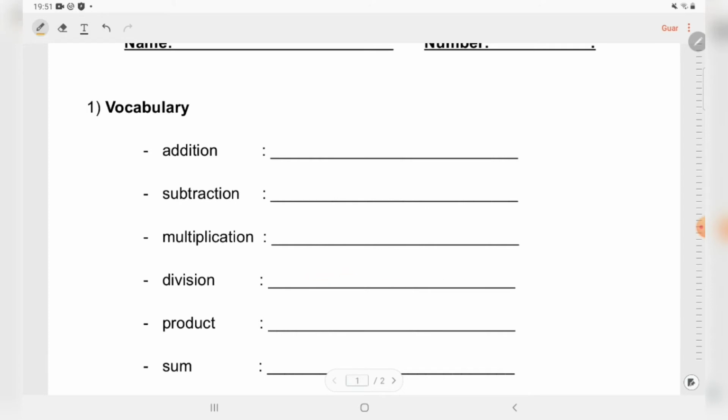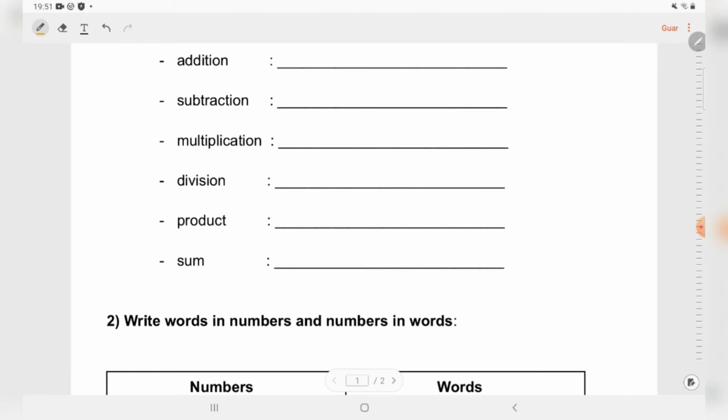And now we have another 2 words. This word is, can you read with me, please? Product. Perfect. The product has many meanings in English, but for this time I want you to focus on math vocabulary, the vocabulary that we have learned together in these 2 units.